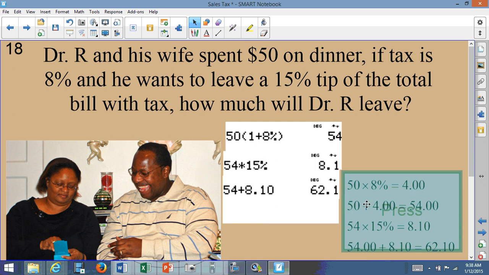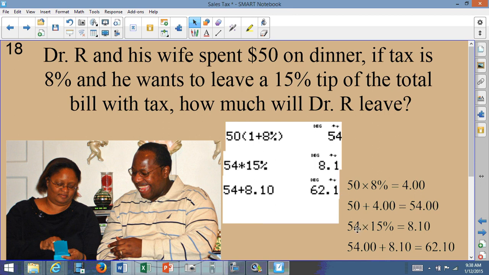So 50 times 8%, that gave us the $4. That was the amount of tax, and we added that with the dinner. That gave us a total bill of $54, and I used the formula for sales tax from my other movie.